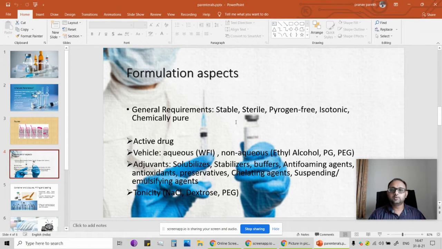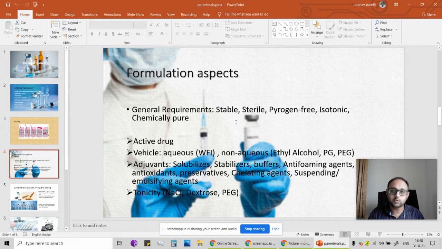Active drug. When you're formulating anything, the first priority should be given to the active drug of the product. Why? Because that drug is going to give you a therapeutic effect. So all the formulation design should be with the priority that the active drug should be stable. pH, temperature, the whole chemical environment should be adjusted for the safety of the active drug.